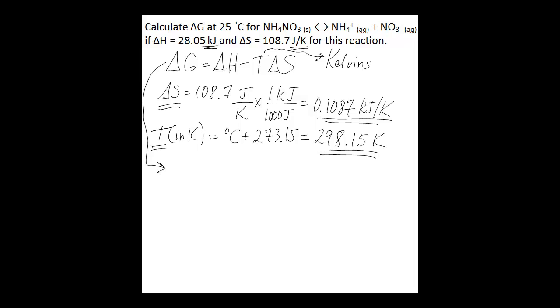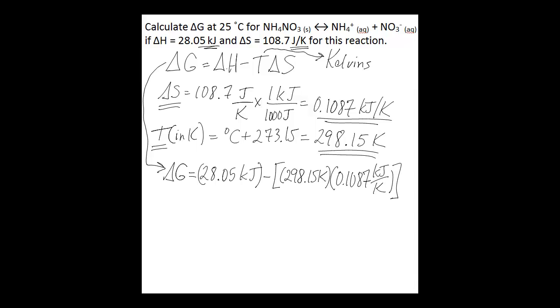So now that you have your terms in consistent units, you can substitute them all into the equation to find delta G. So what you have is that delta G is equal to 28.05 kilojoules. You're given that in the problem, and you're going to subtract from that the product of the temperature, 298.15 kelvins, multiplied by 0.1087 kilojoules per Kelvin, that delta S value in kilojoules per Kelvin.